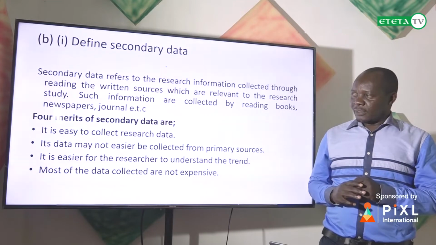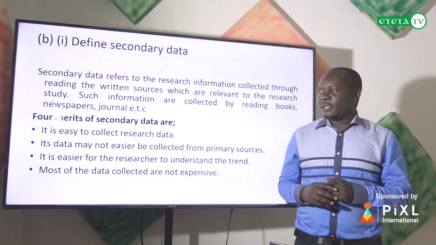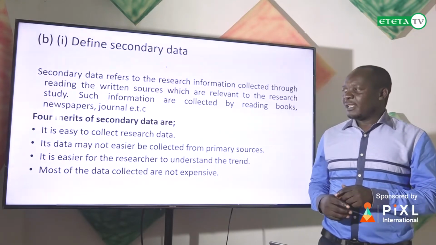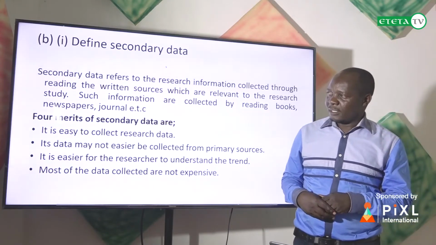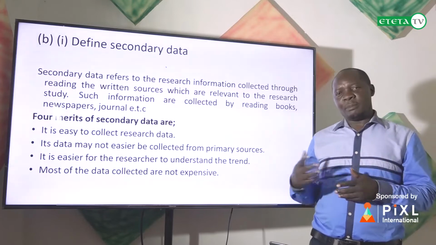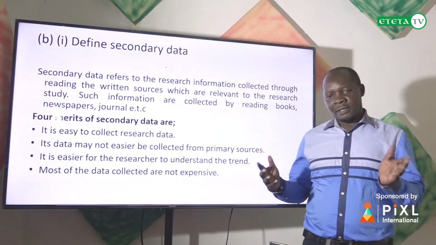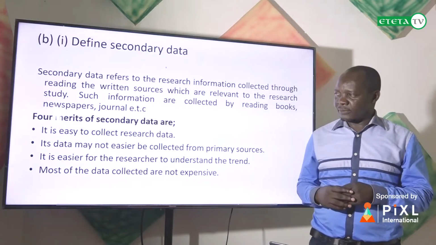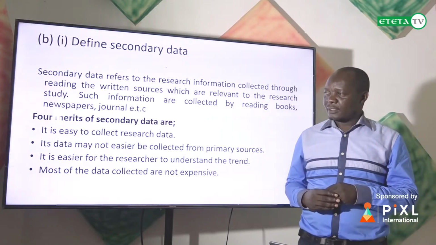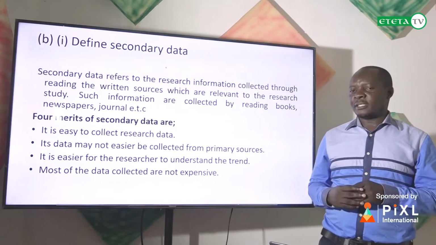That is number one. Number two, secondary data may not easily be collected from primary sources. It is only collected by reading and not otherwise, which means you cannot get that data if you don't read.